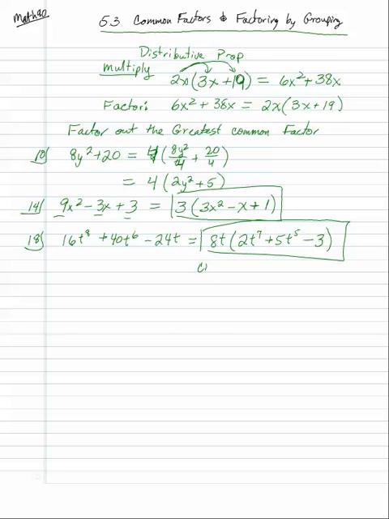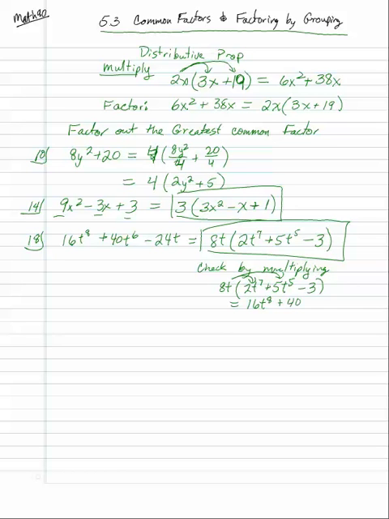Again, if you want to check, you can multiply. Now the only thing that the check does is that you factored the number out right, but it doesn't check to see that you got the greatest common factor. So just because these multiply out doesn't necessarily mean you got the problem right completely, because you got to factor it completely.